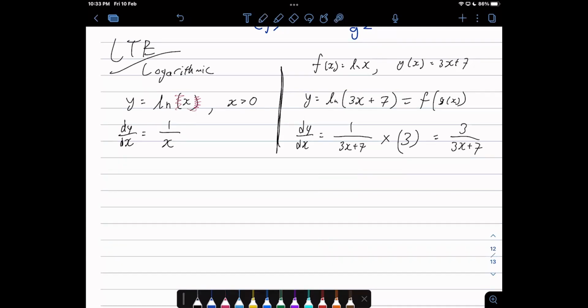Of course, it can get more ugly inside, but you know what to do, right? Just differentiate. Let me give another example. Let's say y equals ln of 3x to the power negative 1 plus 2x to the power 7.